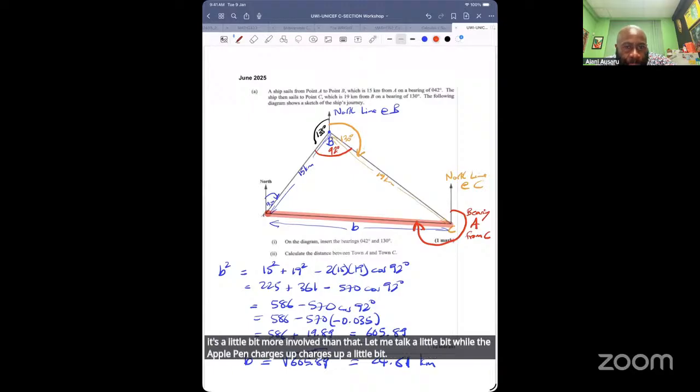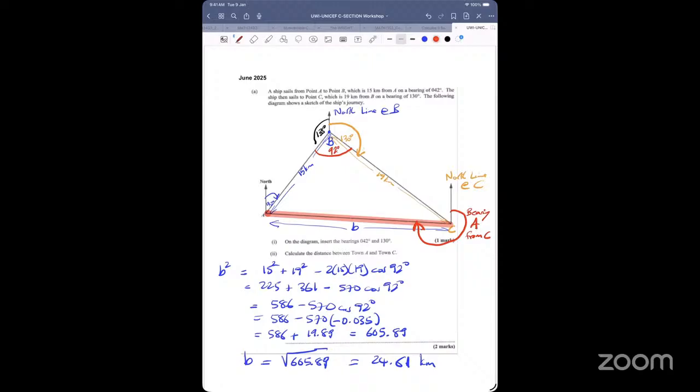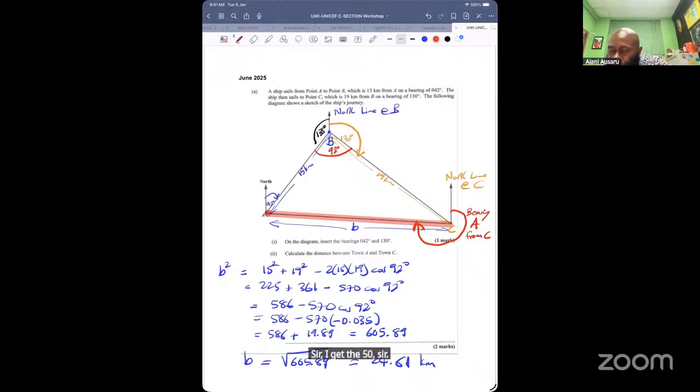All right, so this angle, the angle here between the north line at C and BC. So look at BC. That angle there is 50 degrees. Do you agree? Sir, where you get the 50, sir? The one at the top is 130.